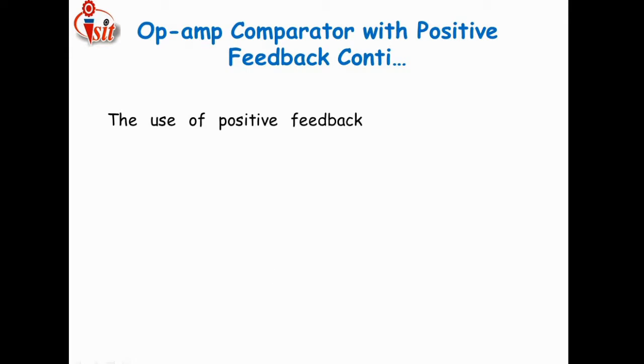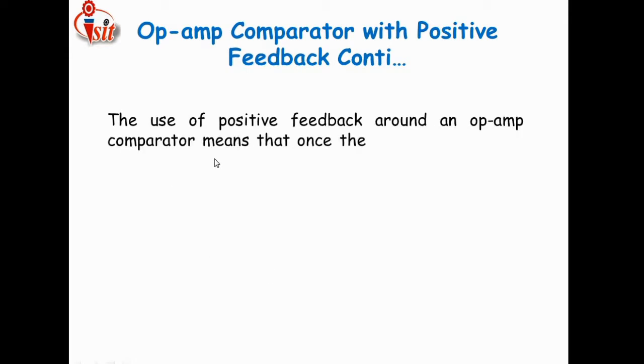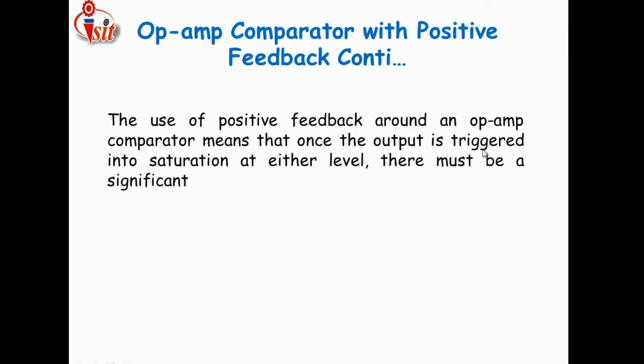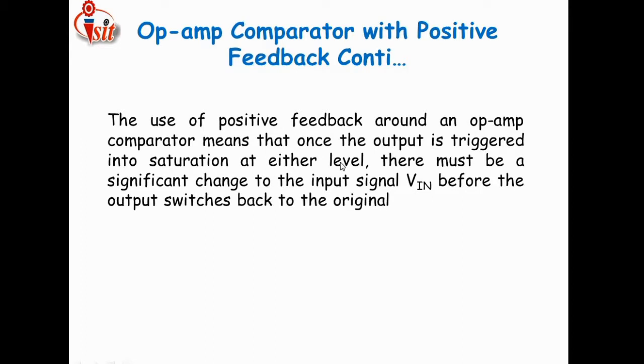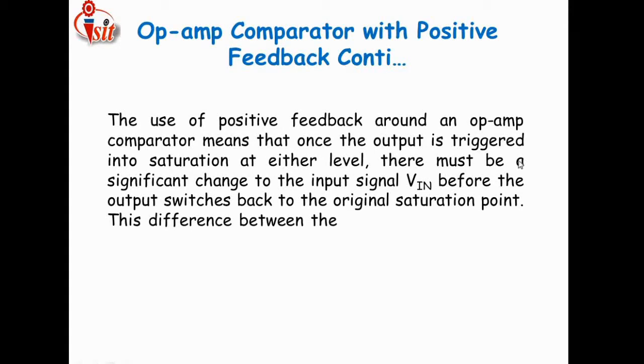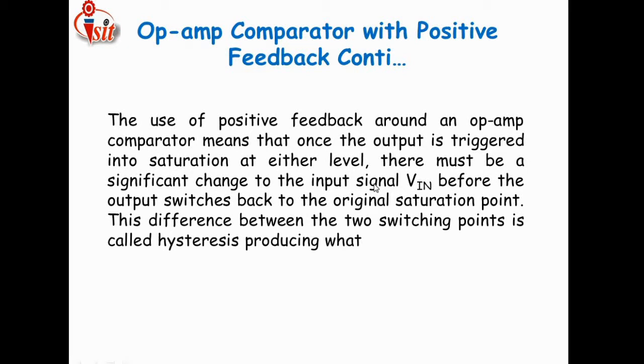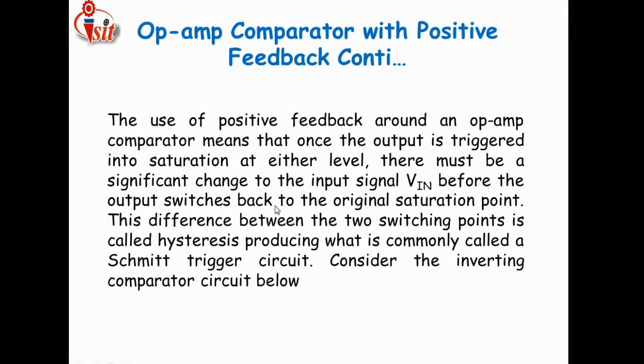The use of positive feedback around an op-amp comparator means that once the output is triggered into saturation at either level, positive or negative, there must be a significant change in the input signal Vin before the output switches back to the original saturation point.